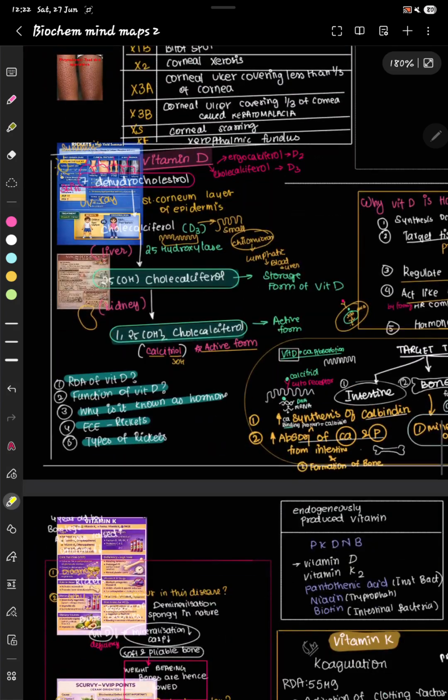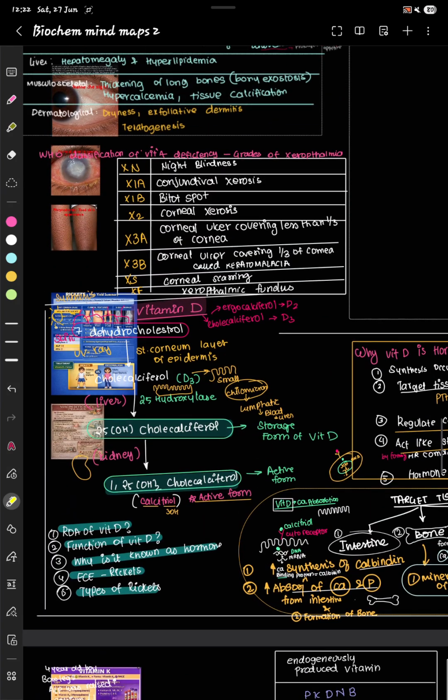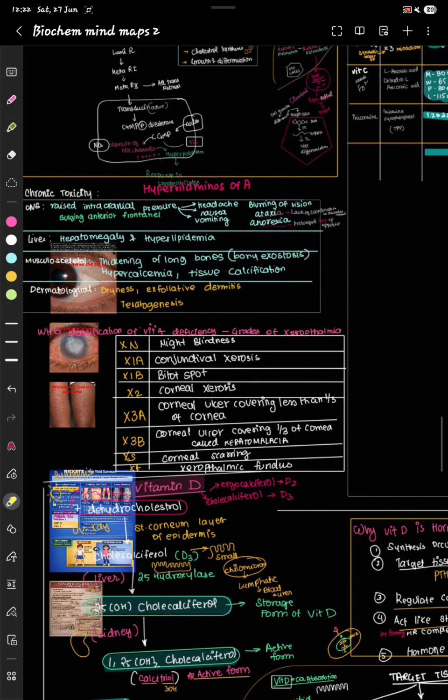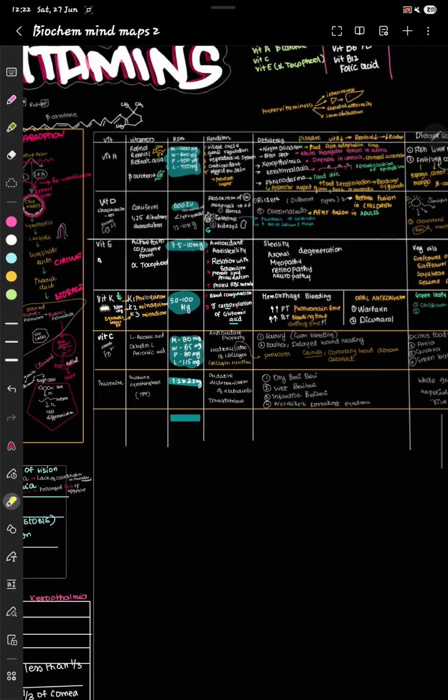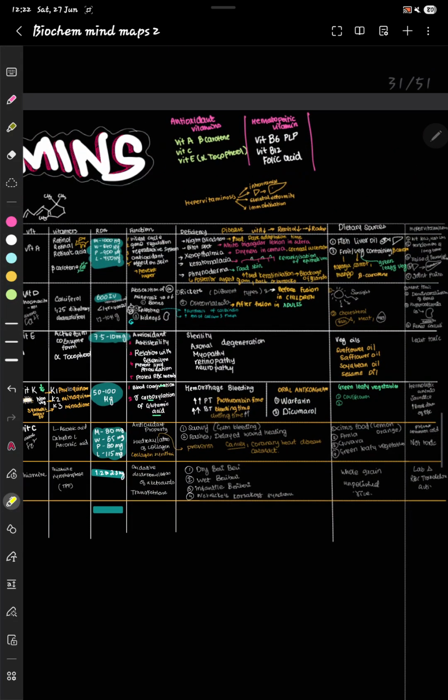Now, let us move on to the next thing, which is called vitamin D. Now, vitamin A is over. The first fat soluble vitamin is over. Let us summarize it with this chart.